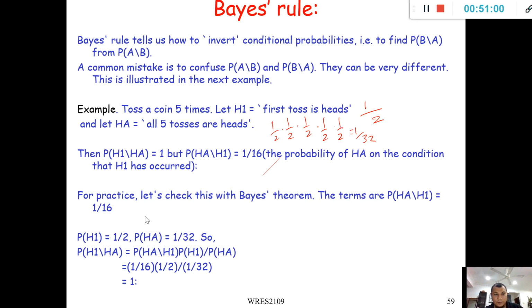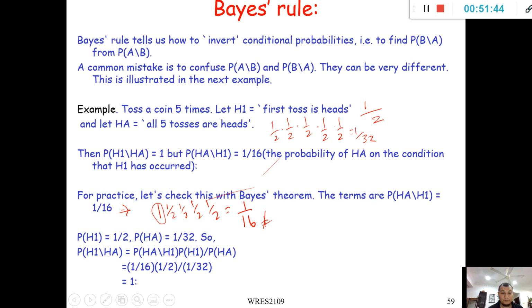The first event is 1 because H1 says the first toss is heads, and the others are always 1 over 2, so if you multiply, it is 1 over 16. If you apply the formula, you get 1, and in the same way you get 1 over 16.